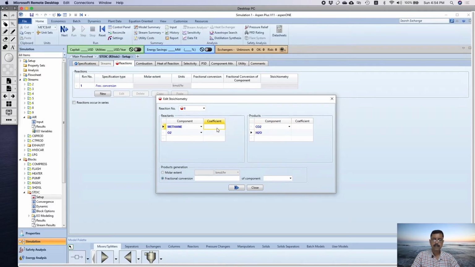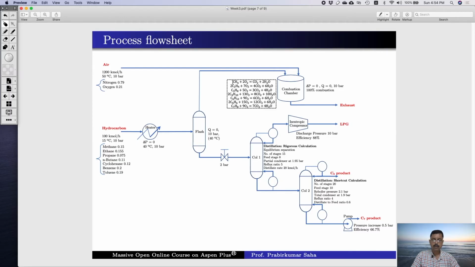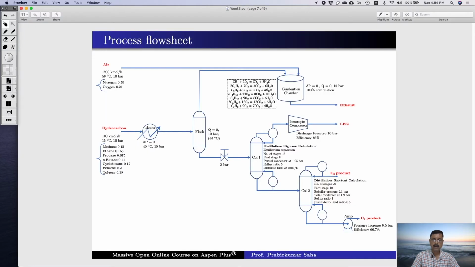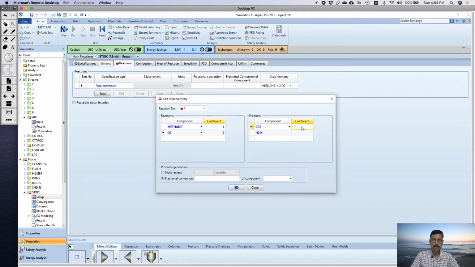Now coefficient, 1 mole of methane reacts with 2 moles of oxygen to produce 1 mole carbon dioxide and 2 moles water. Right?